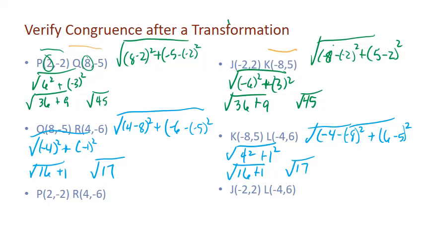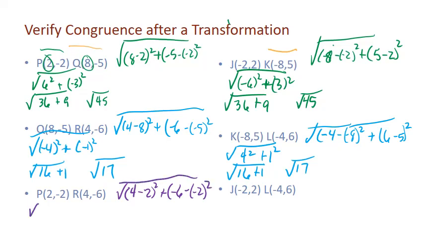And let's go to the last two line segments, PR and JL. And we're going to continue with it the same way. So we got the square root of x2 is 4, x1 is 2, 4 minus 2 squared, plus negative 6 minus negative 2 squared.